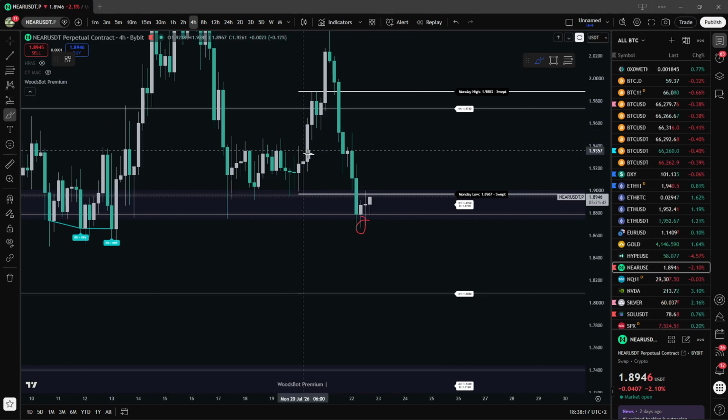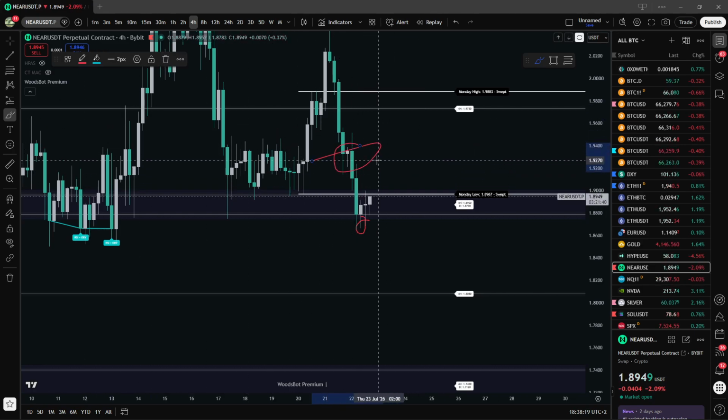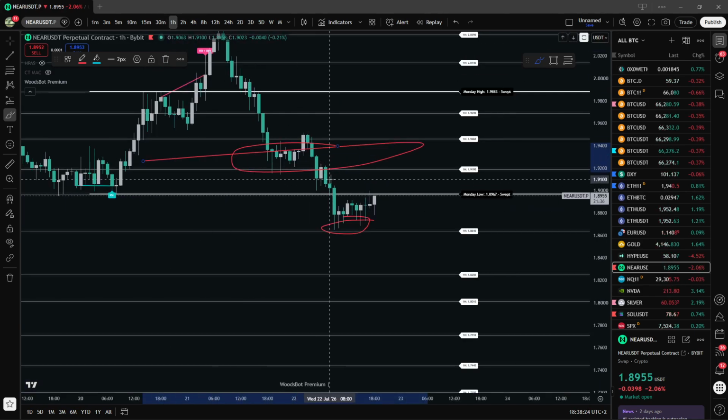And I think for your target, this should be your target: this 4-hour supply zone. Actually, you do have supply here on the 1 hour as well, 1.91. It's kind of tricky.